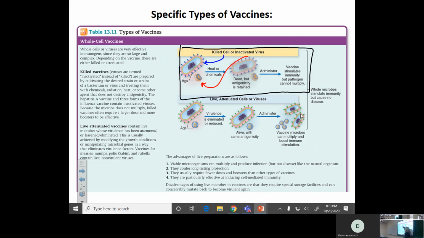So you use heat or chemicals and take the whole thing and just make it not dangerous anymore. So it's dead or it's inactivated. It keeps its 3D shapes. And then you give that killed or inactivated cell or virus to the person, and that's what's in the vaccine.